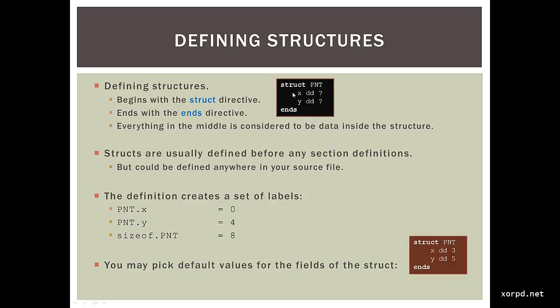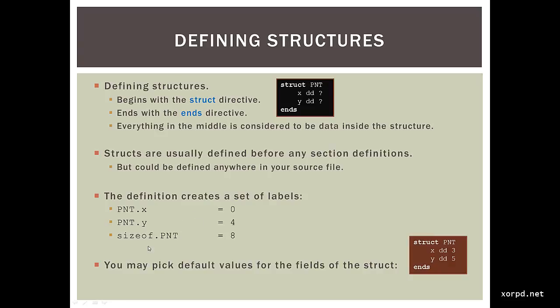For example, the point struct that is defined here is going to create this set of labels. pnt.x equals 0, pnt.y equals 4, and also a special label which is called sizeof.pnt equals 8. This last label is kind of a strange label. Maybe label won't even be the right name for this kind of thing.